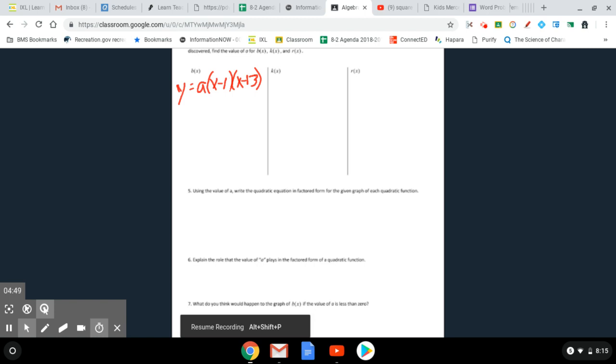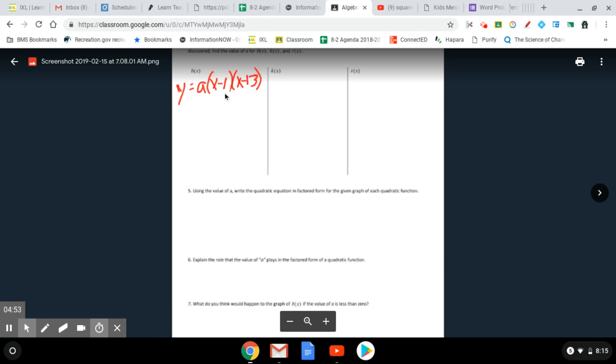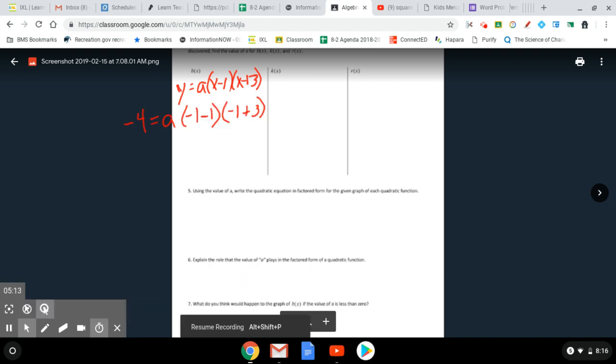Oh, almost had a mistake because I had the wrong linear factors, and that would have messed everything up. Okay, I need x minus 1 since the zero is positive 1. And I need x plus 3 since the zero is negative 3. So now I'm going to plug in the vertex to the correct equation.